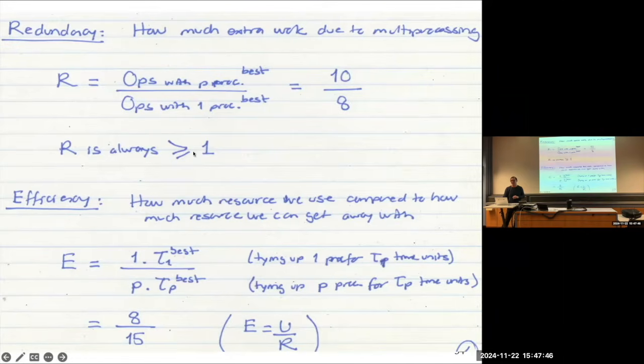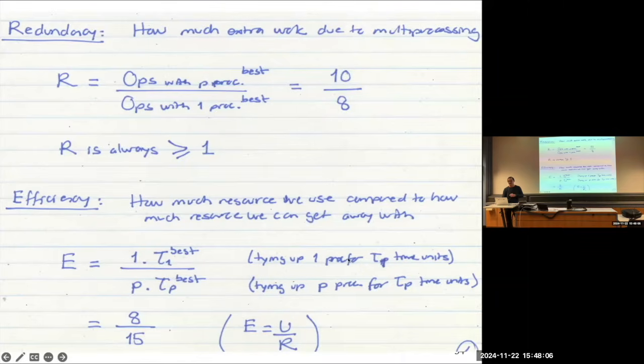And redundancy is always greater than or equal to 1. Whenever you do parallel processing, you increase the amount of work that you do. In this case, it's not bad, but it's still more than 20%, right? 25%, actually.